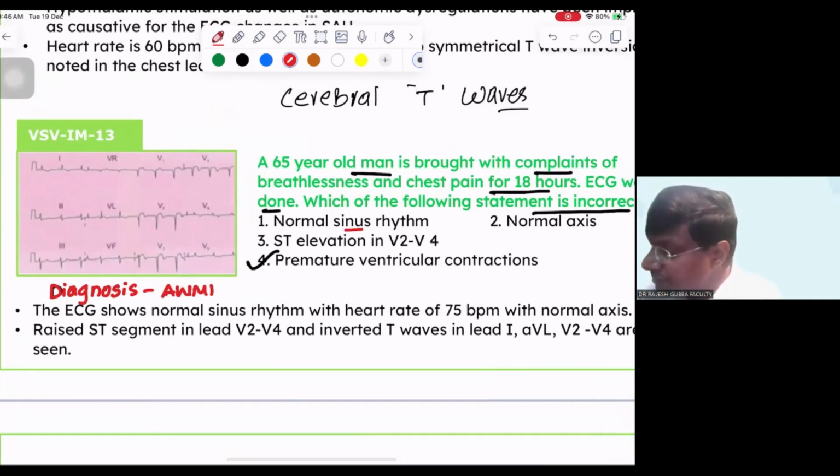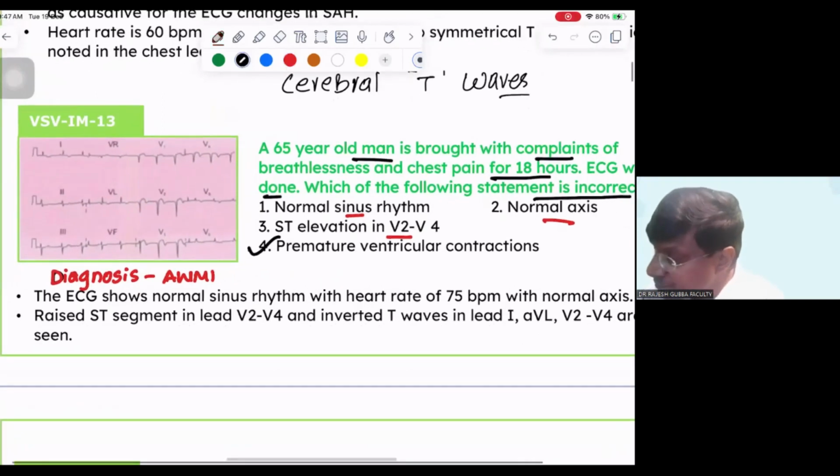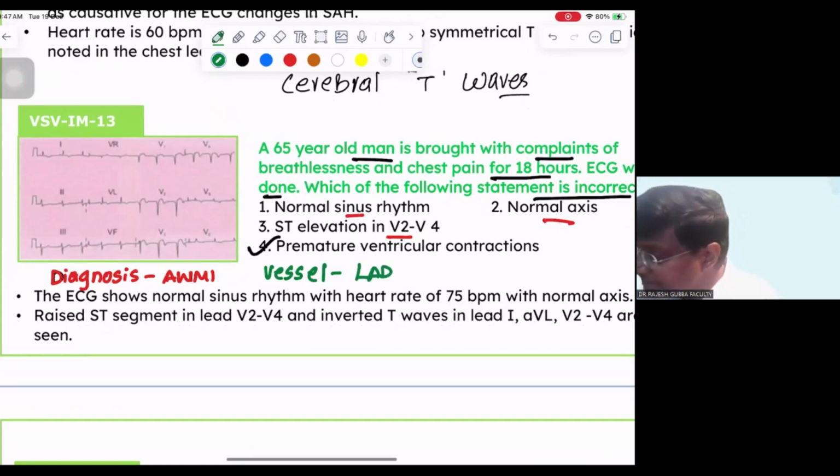The rhythm, if you observe, is normal sinus rhythm, ST segment elevation is there from V2 to V4, and the axis is normal. And tell me which vessel is blocked in this patient. It is the left anterior descending artery, right?